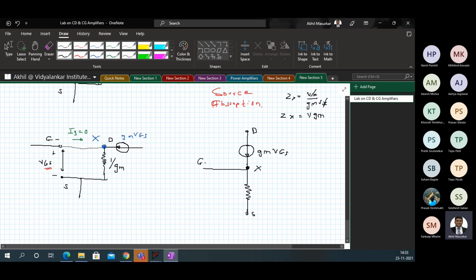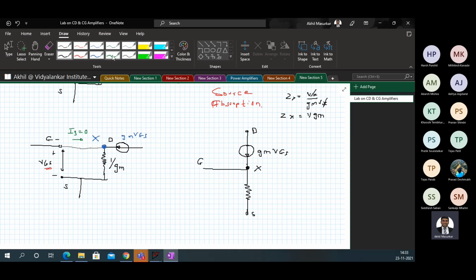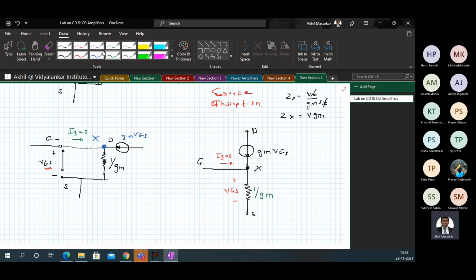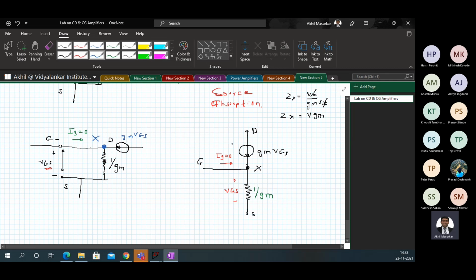Here you have your gate, but we have to mention certain things. The gate current Ig is always 0, and here the voltage drop is VGS, and the value of this resistance is 1 by gm. So this model of the MOSFET is called the T model.